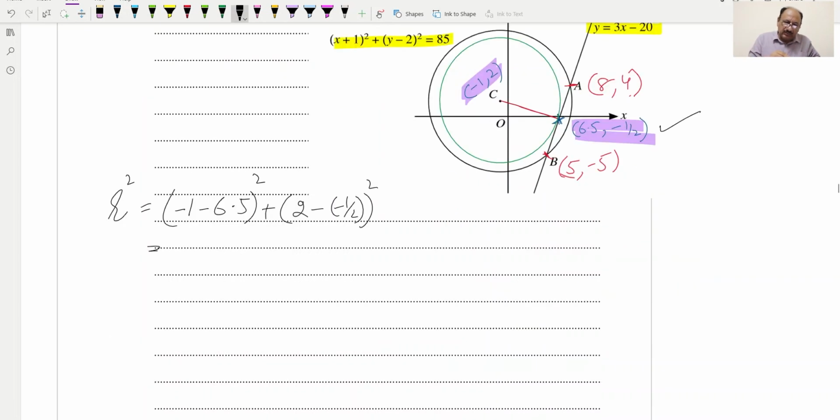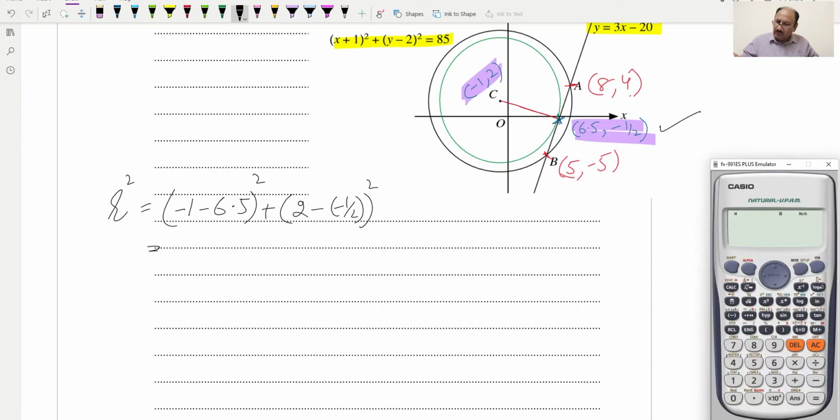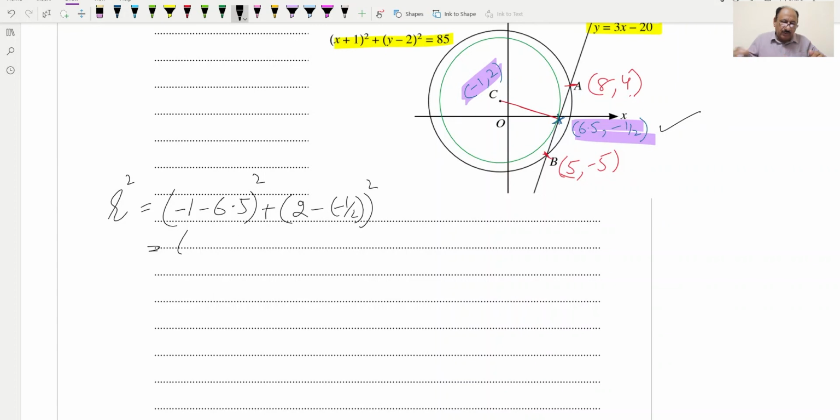So we get (-1 - 6.5) squared plus (2 + 0.5) squared, which is equal to 62.5. This is the r squared value.